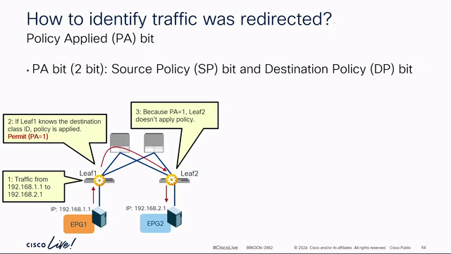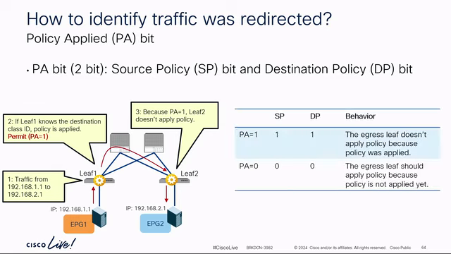But we actually have 2 bits to indicate the situation. So we have been using policy applied bit 1, meaning both bits are 1. Then ingress leaf applied policy, which means egress doesn't have to apply policy. If it's 0, policy was not applied by the ingress leaf, which means egress leaf needs to apply policy.